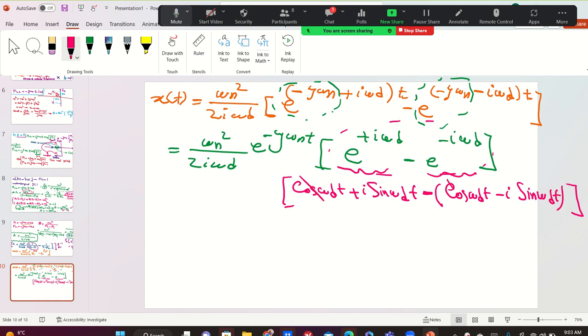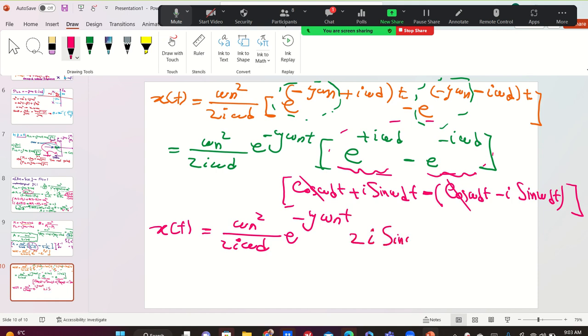This cosine with this cosine, you're going to have 2i. So your x of t finally becomes omega_n squared over 2i omega_d, e to the minus zeta omega_n t, times 2i sine omega_d t. 2 with 2, i with i.